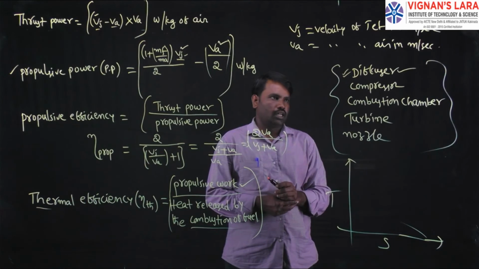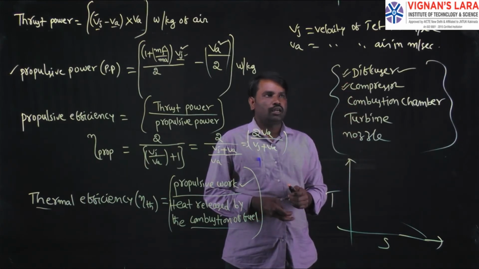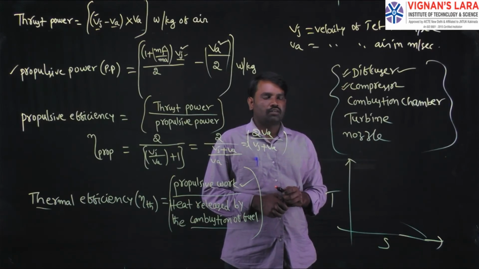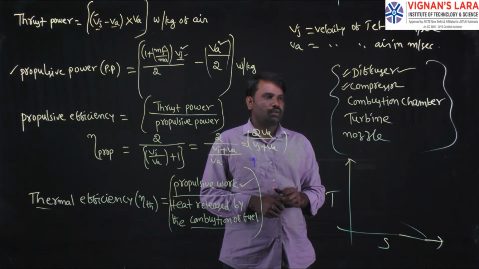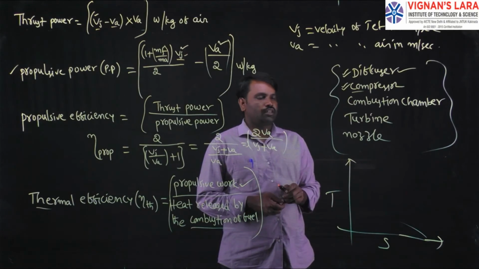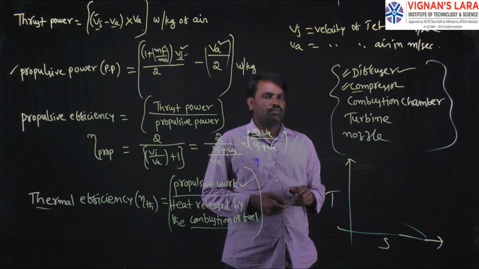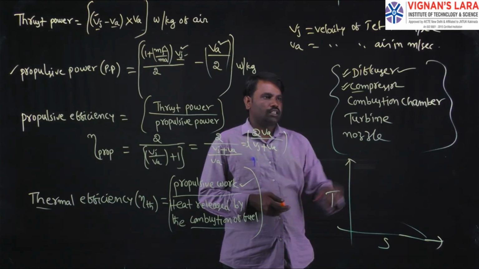In the case of the compressor, we are compressing the air after passing the diffuser with the help of a compressor, and we are giving the work input. That work input we are supplying from the gas turbine unit, and the compressor also compresses the air compressed in the diffuser section. After compression we are raising the pressure and temperature. At that pressure and temperature limit we are adding the heat in the combustion chamber.